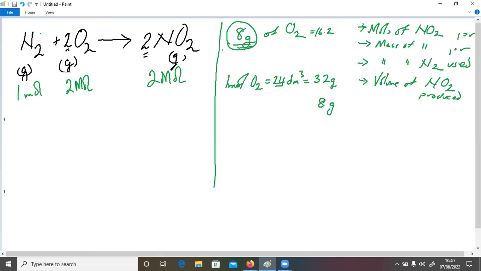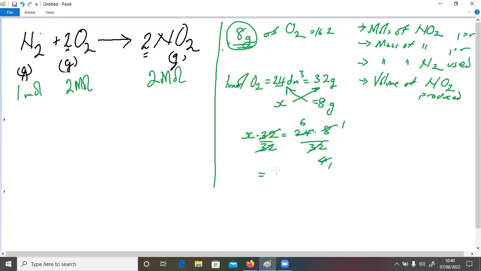So if I have 8 grams of oxygen, what's the volume that it occupies? Then my answer becomes x multiplied by 32 is equal to 24 multiplied by 8. Making x the subject of the formula, that is 24 multiplied by 8 divided by 32, which is 6.